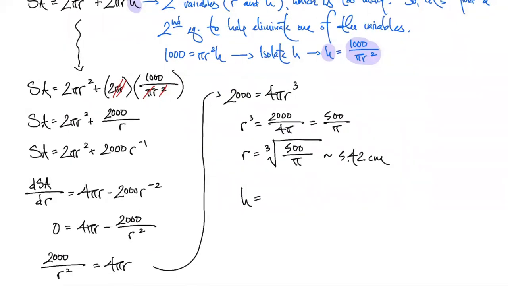So h equals 1,000 over pi r squared. Okay, and when we type that into the calculator, we should end up with approximately 10.84 centimeters.